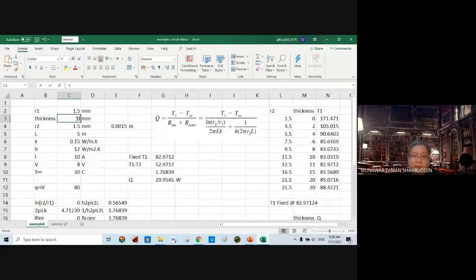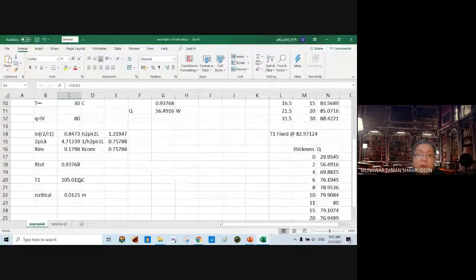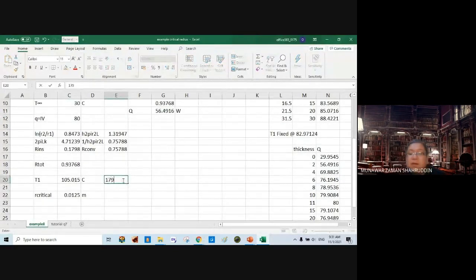What happens? I actually use this extended sheet so we don't need to calculate many times and can directly get the answer, since the answer was already there. It's basically 105. Just now it was 179, right? This turned out to be 105, so you have about a 70-degree reduction, 70 degrees Celsius cooler compared to the previous one.